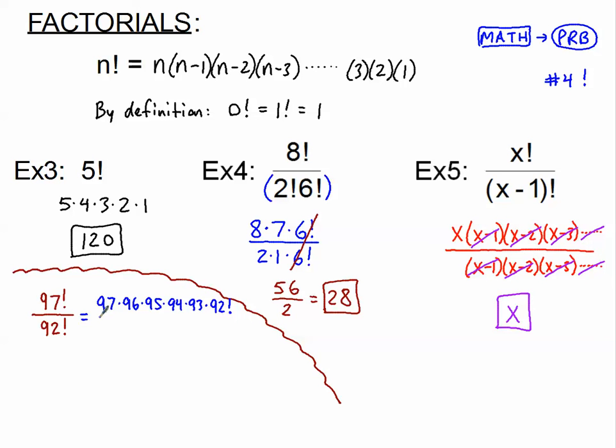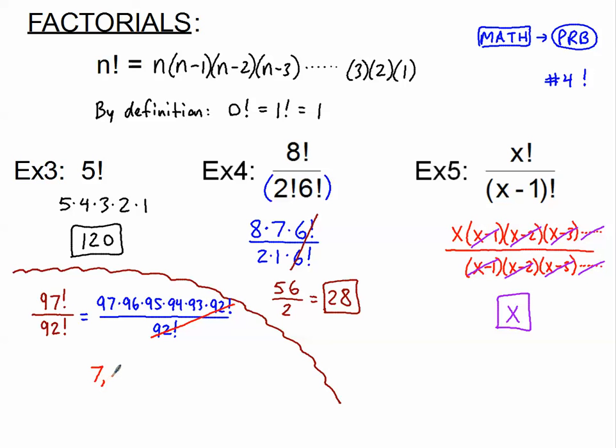I don't need to continue writing all of those because the denominator is 92 factorial. And since these are factors, I can cancel them away. And then I just have this to do. And the calculator will be able to calculate that. Plug that into the calculator and you get this very small number.